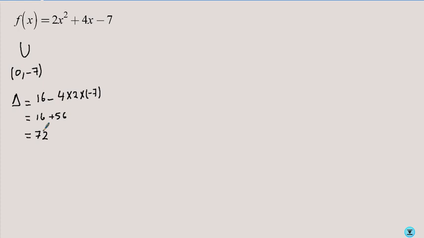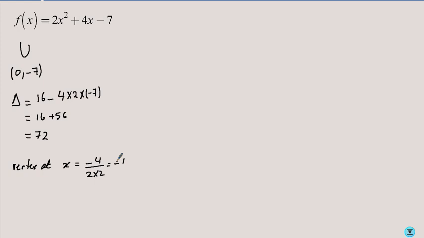It is not a perfect square, so I wouldn't go for factorizing the quadratic. It's not going to be easily factorizable. So in order to find the coordinates of the vertex, I would test for the vertex at the x coordinate, negative b over 2a, which is negative 1.